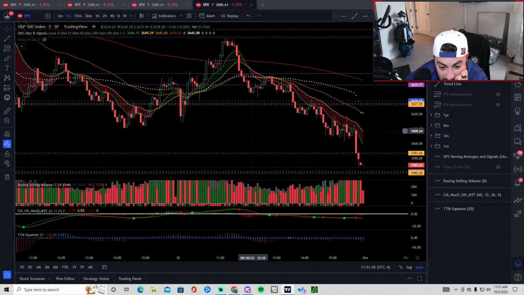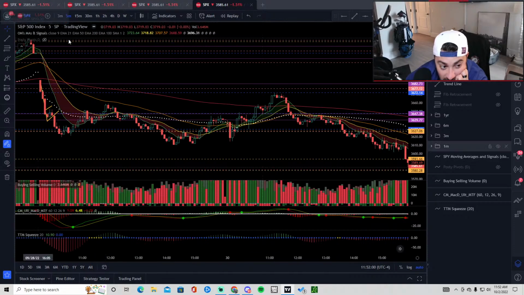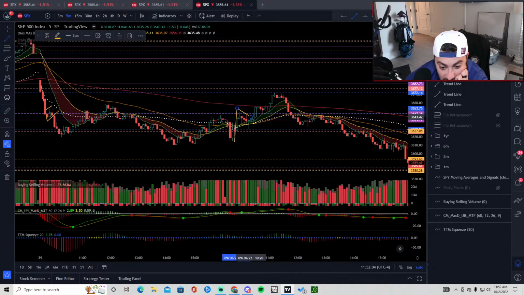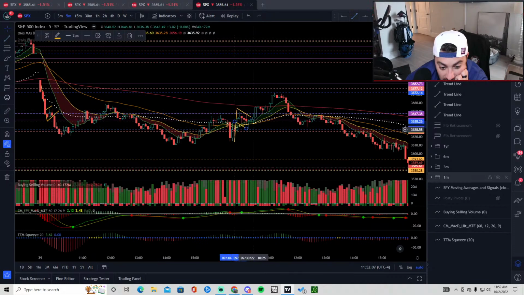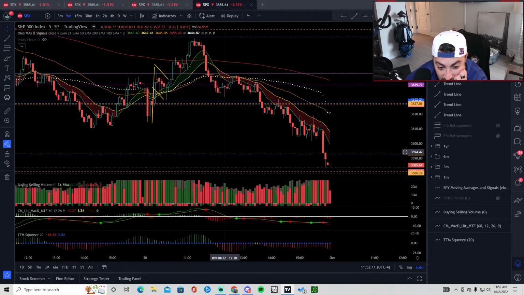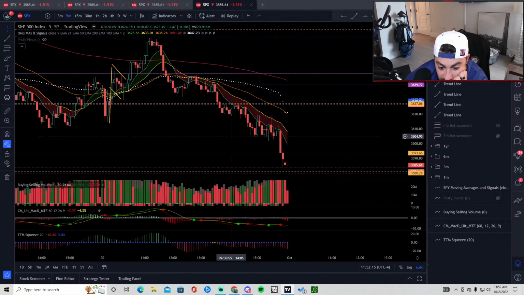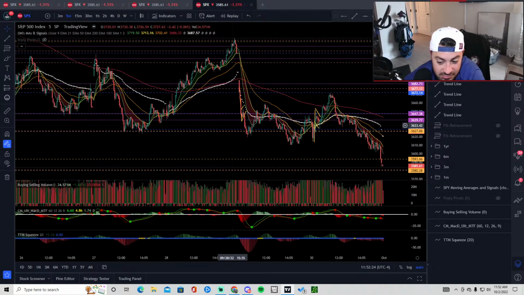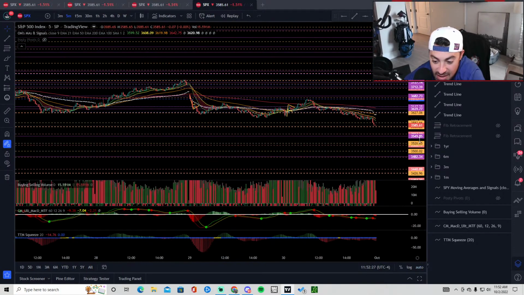There's a few other flags that happened too. Flag there popped up, followed by another flag popped up. Honestly, those are really, really nice setups, coming off of key levels. But again, you're gonna have some.